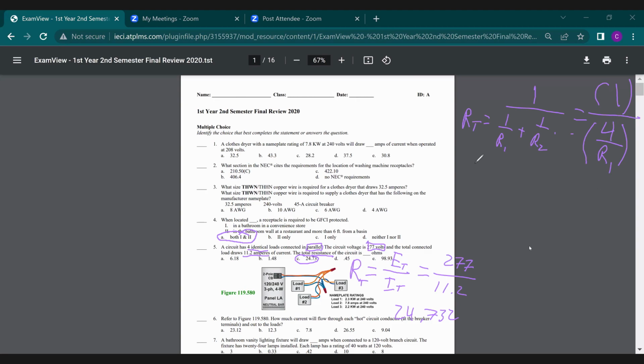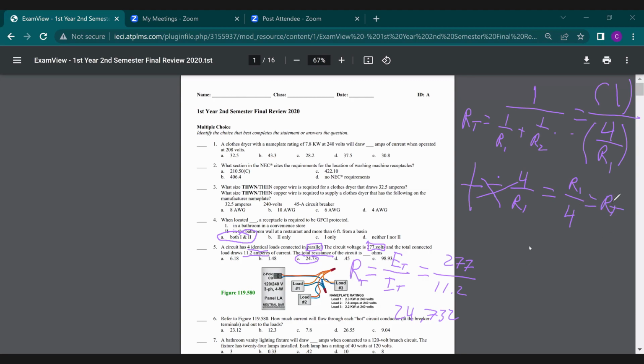In this, 1 divided by 4 over R1. 1 is really 1 over 1. It's the same exact number in math. Because we're dividing, we can cross multiply or multiply by the inverse, flipping this second one here, multiplying straight across. We get R1 divided by 4 equals R total.